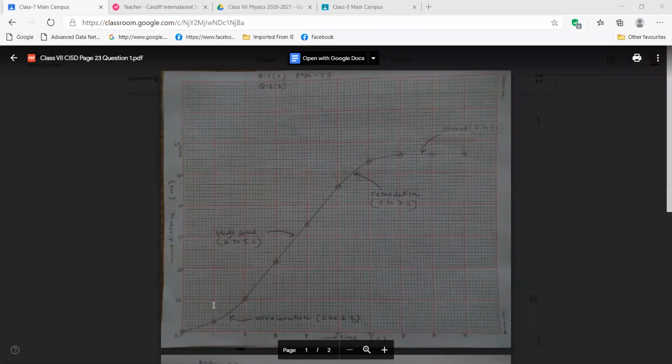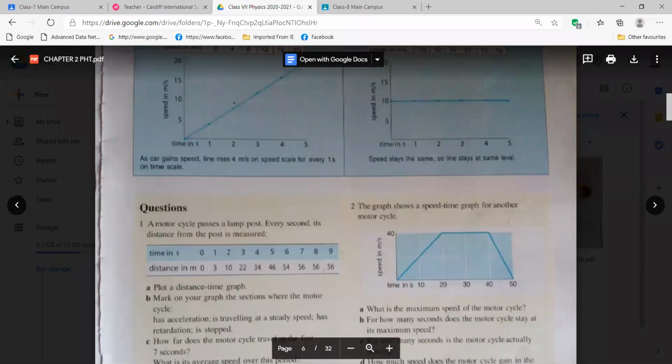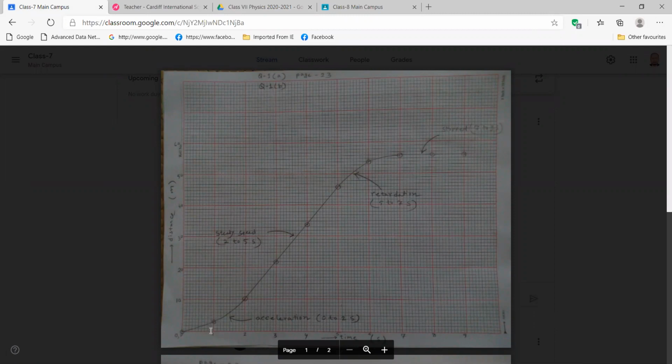Okay, look here. The second point we got: time is 1 second, distance is 3. So we again got this point. One block represents one? Listen, for distance we have one scaling, and for time there is another scaling.